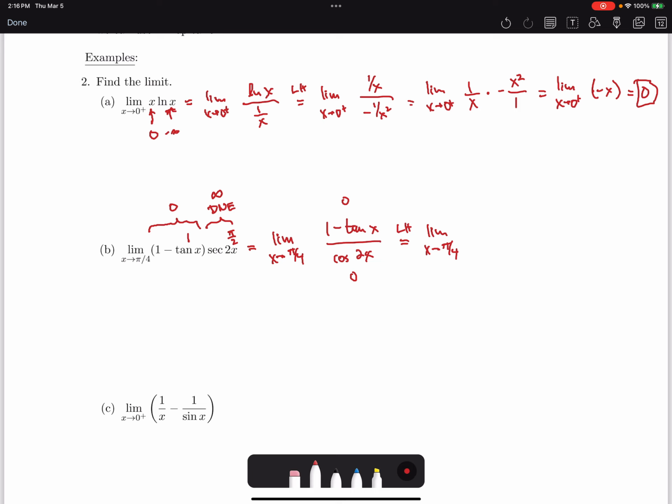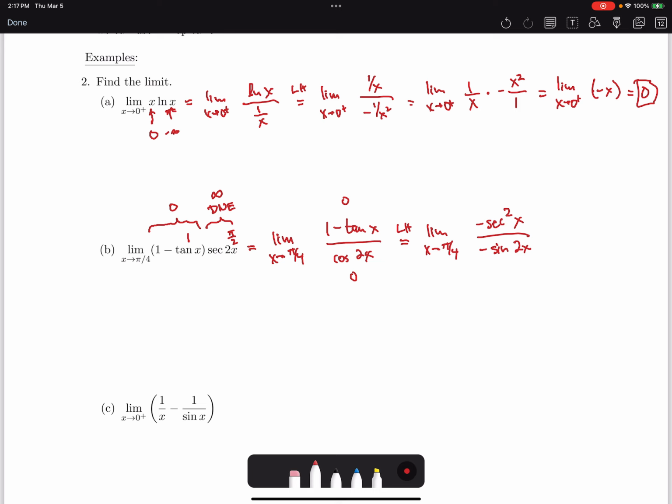Derivative of tangent is secant squared. So the derivative of that numerator is just going to be negative secant squared x. In the denominator, derivative of cosine is negative sine. Okay, so this is going to be negative sine 2x. And then we should take the derivative of the inner function, right?